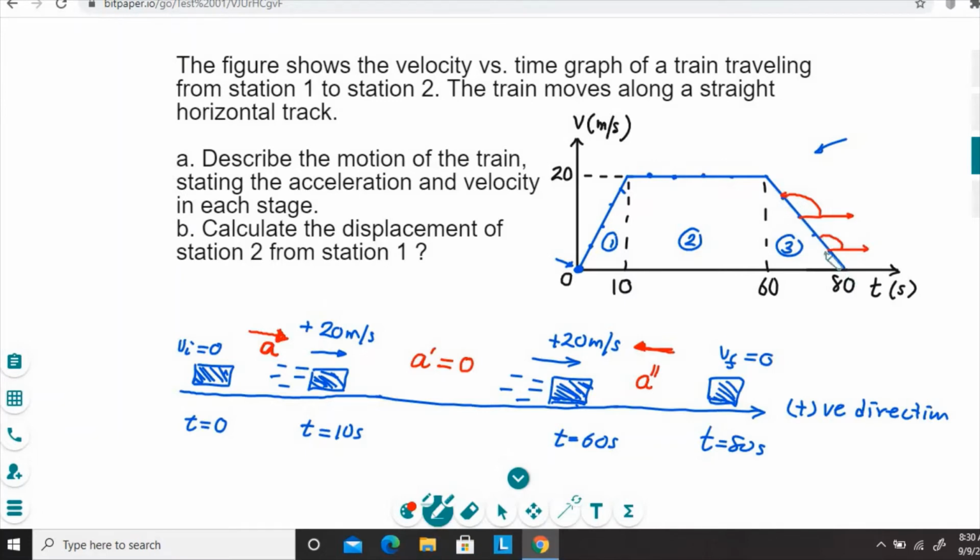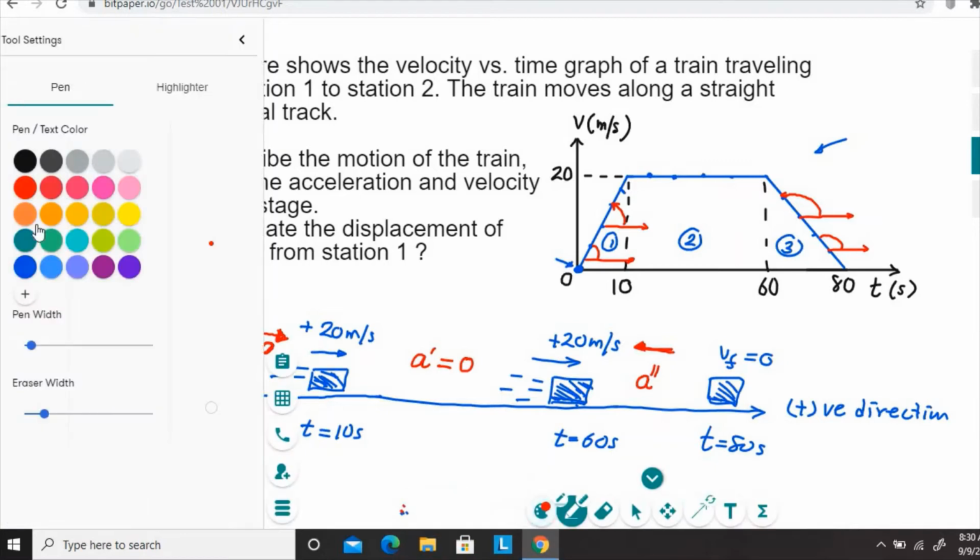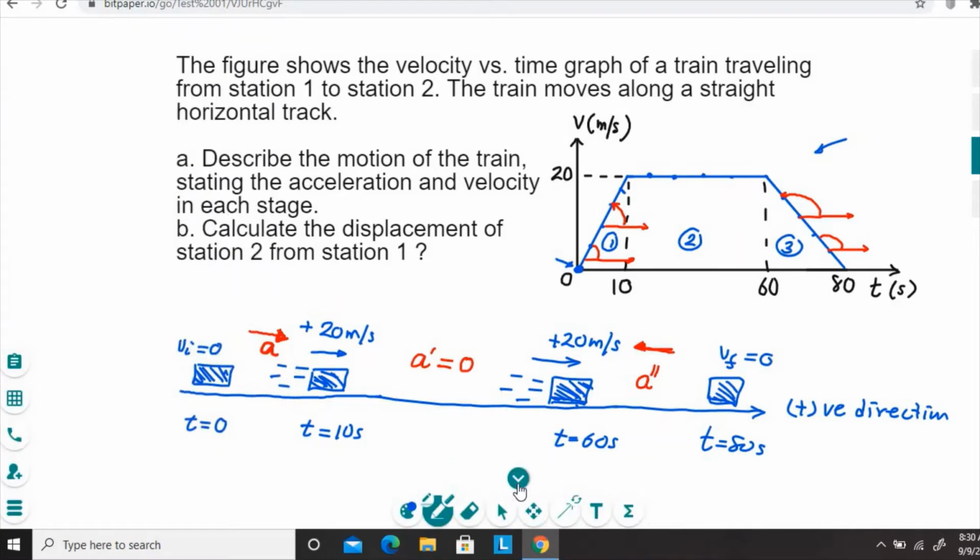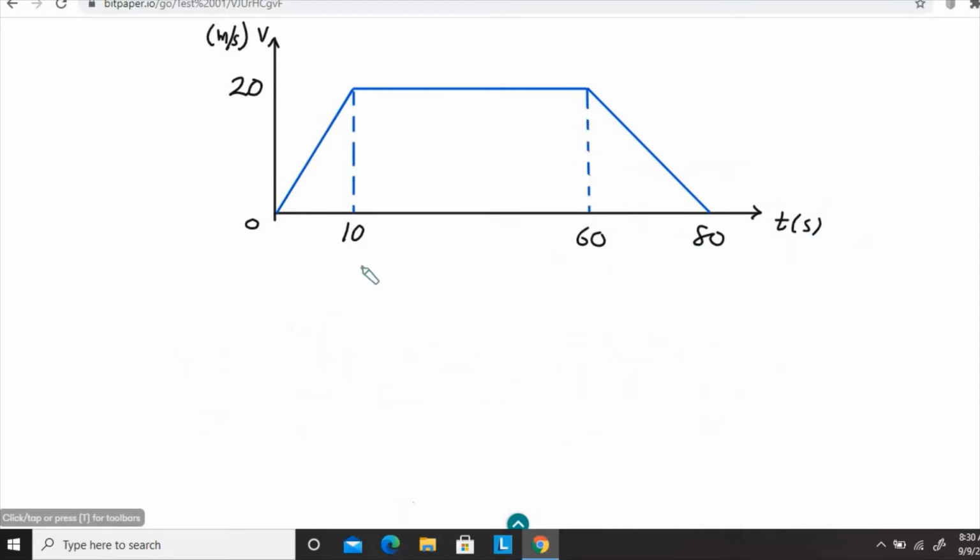So that's definitely a negative slope. Over here, with the positive x direction, the slope makes a less than 90-degree angle. So for the first stage, the slope is positive. For the second stage, the slope is 0. For the third stage, the slope is negative. Okay, so now let's try to get some numbers. For example, let's calculate stage 1 motion.